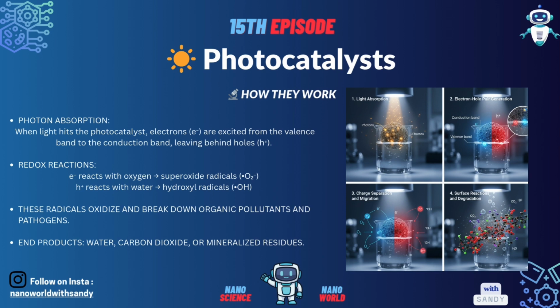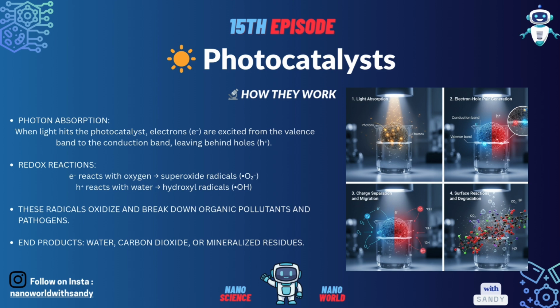This light excites an electron from the valence band to the conduction band, leaving behind a positive hole. These charges migrate to the surface to drive powerful redox reactions. The hole reacts with water to form highly aggressive hydroxyl radicals, while the electron reacts with oxygen to form superoxide radicals.